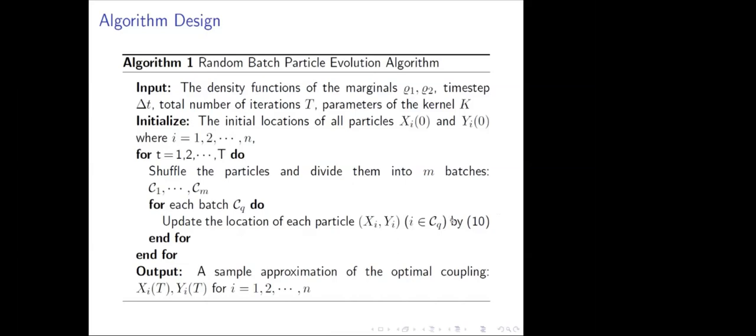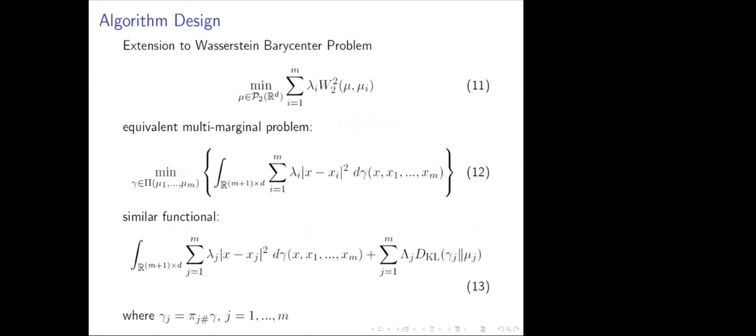We just need to use the particles in the same batch. That's how we reduce the computational cost. Finally, after a long run, we're supposed to have a nice sample approximation of the optimal plan. We also find that our framework can be easily generalized to the multi-marginal optimal transport problem. As one example, we have this one-step barycenter problem here.